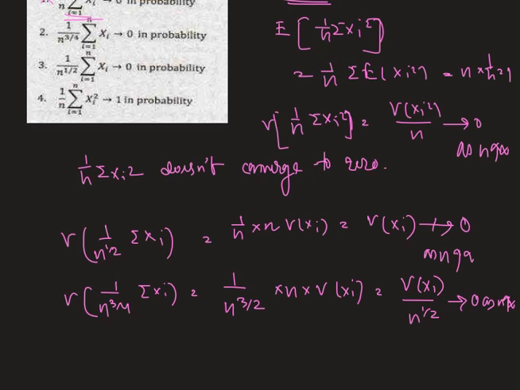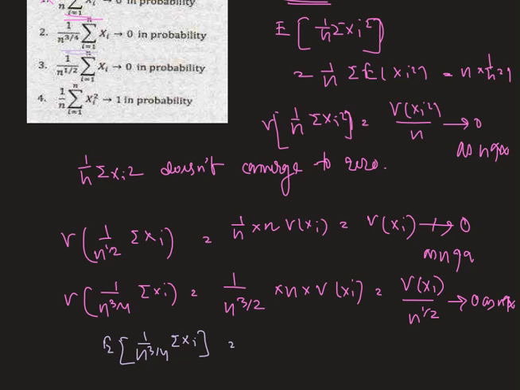So as we have 1 by n to the power 3 by 4 sum over Xi in the second option, let's find the expected value of 1 by n to the power 3 by 4 sum over Xi.